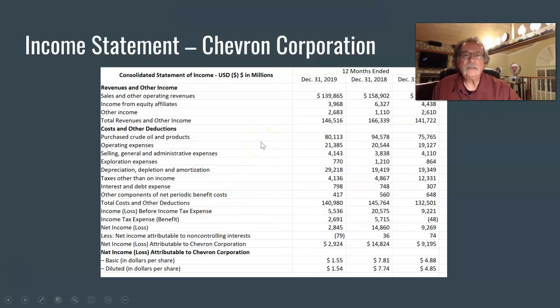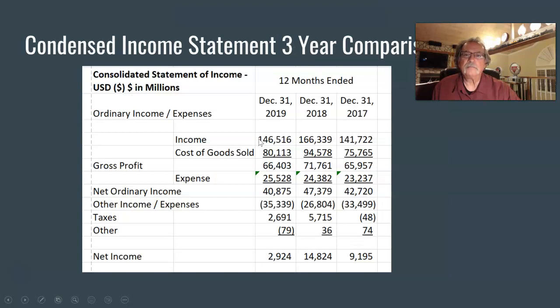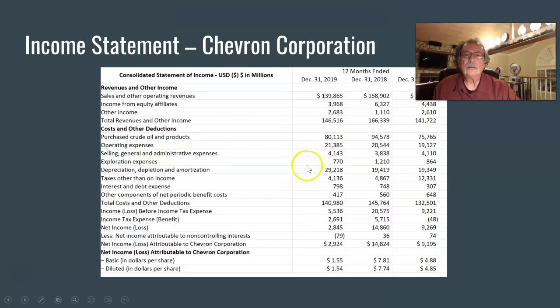Now, another thing you can do is distill this thing down. So here is the same thing. I basically said my cost of goods sold was this line item right here.